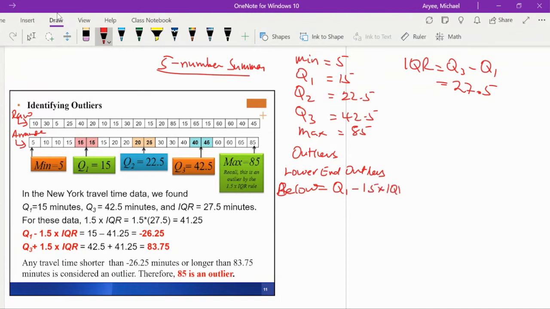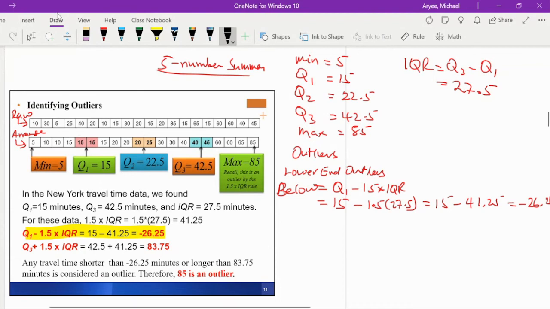Our Q1 happened to be 15, minus 1.5 times 27.5, and this gives us 15 minus 41.25, which gives us negative 26.25. If you cannot see it, it's worked out over here for us. So you ask yourself, is there any number below this value? We have no lower end outlier.